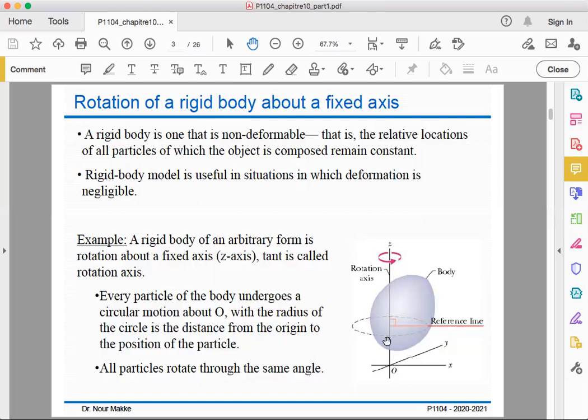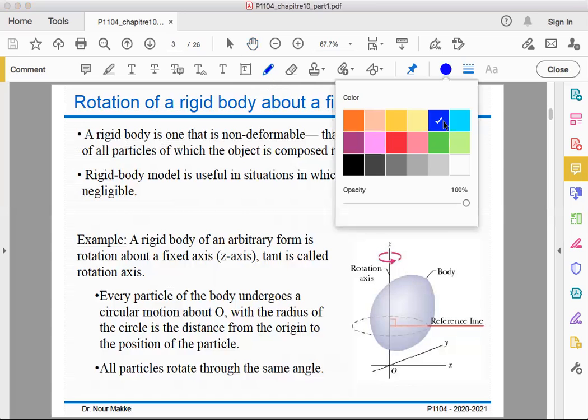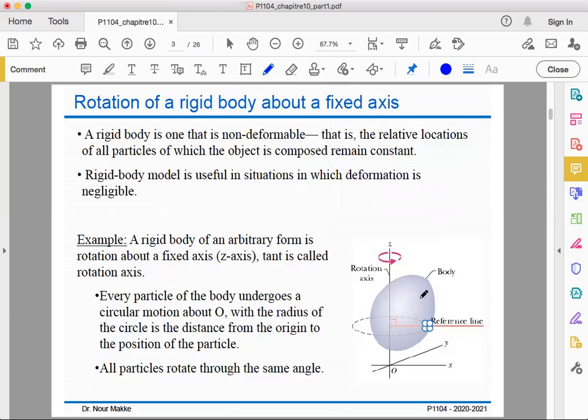Now, if you look at this body, every point and every particle of this object, when this body rotates, will be undergoing a rotation about the axis. So in other words, that means that it will be traveling along this circle, okay?